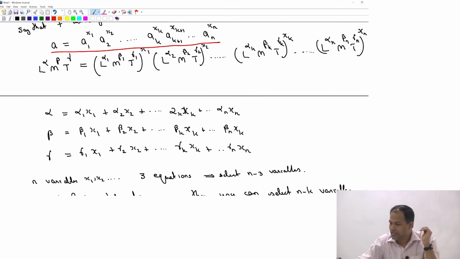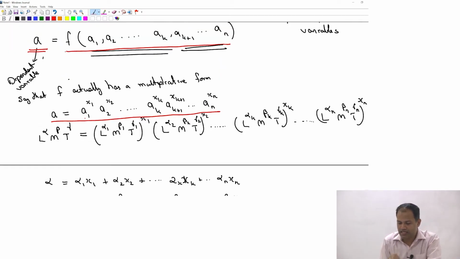So in this problem, if I independently fix x(k+1), x(k+2) up to xn, then I will be able to tell what x1, x2 up to xk are.